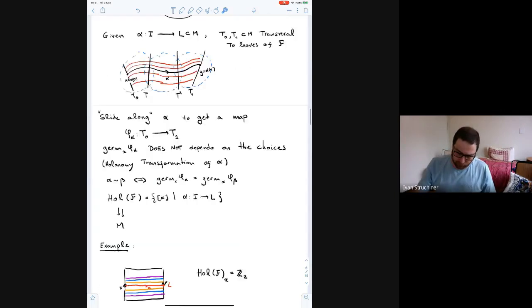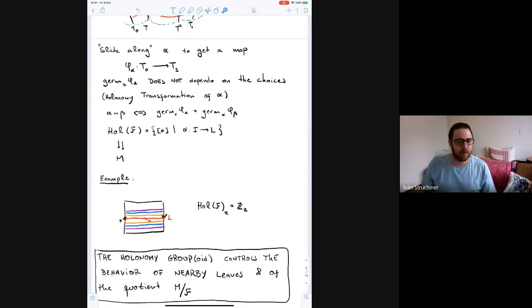So let me give you an example of a foliation. So this is the Mobius band. Oh, by the way, the isotropy of this groupoid at a point x is called the holonomy group of the leaf L which goes through x.